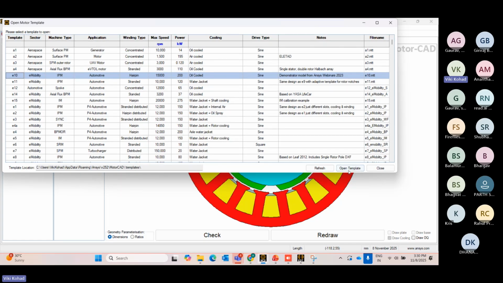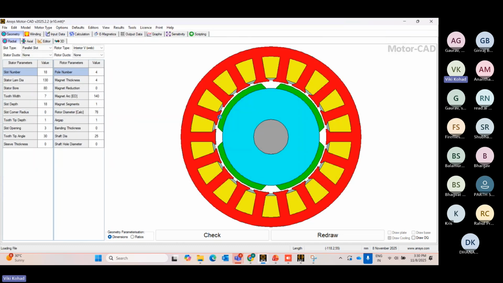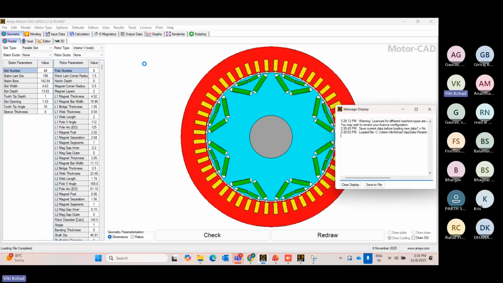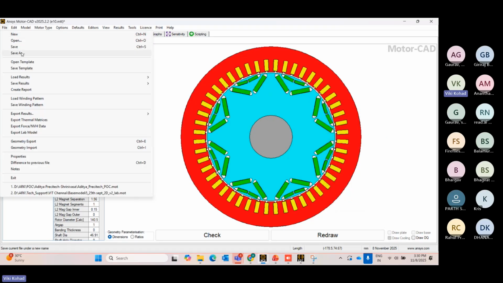This one, just open template. Okay, I'll just save this model once.